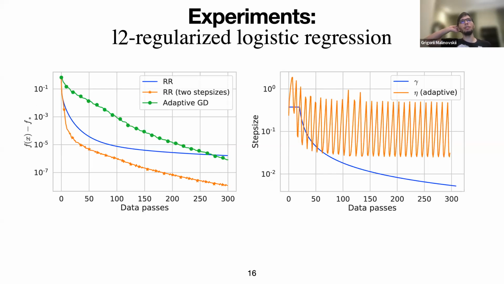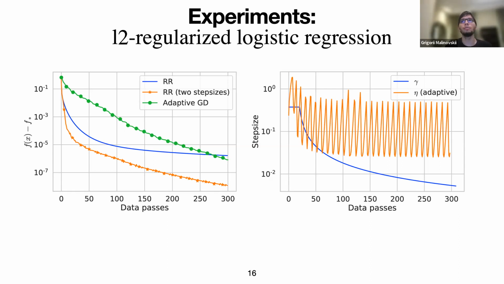And here it's more of an experimental result. We do not have strong theory for adaptive step sizes, even for SGD, not even for random reshuffling, but here we just tried.